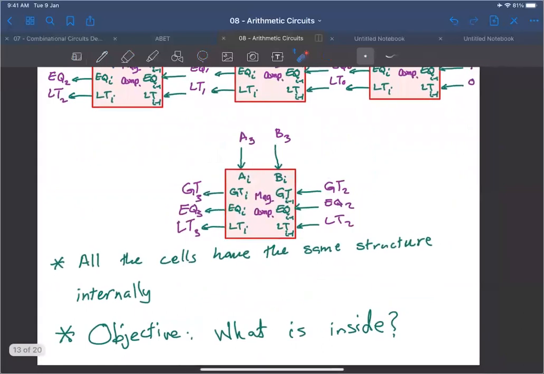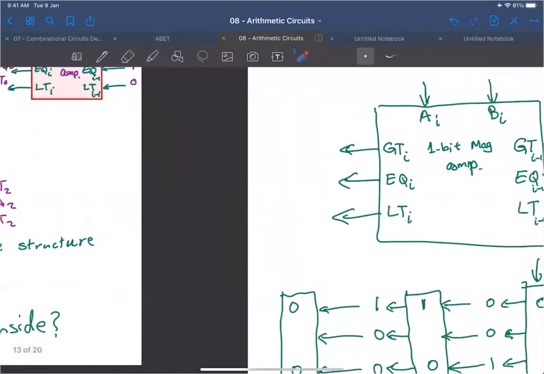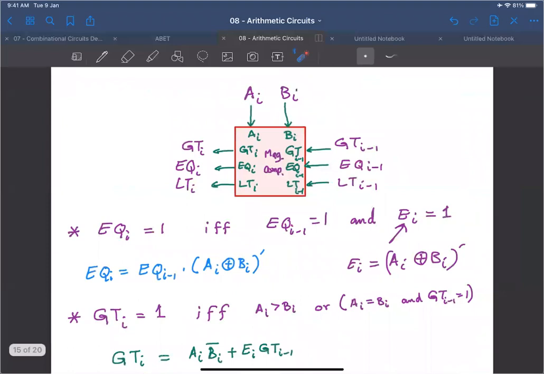We just need to now define each one of these signals from our observations, from our examples. So we know that EQ will be 1 if and only if the previous EQ is 1, meaning that all the previous bits of A and B were equal, and the current bits are equal as well.